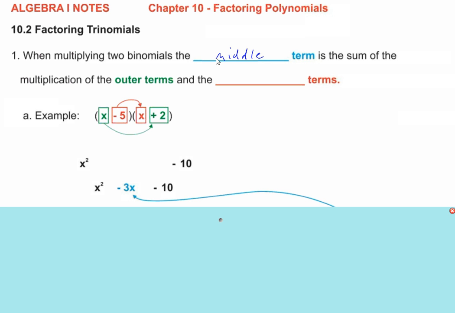Sum is addition, so I'm going to put a plus sign above sum. Of the multiplication, I'm going to put a raised dot there. So you got to sum up multiplying the outer terms and the inner terms. You got to add the outer terms and the inner terms to get the middle term.